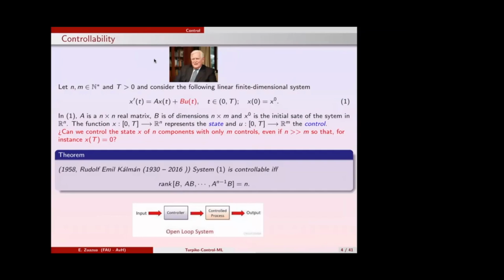We see here the picture of Professor Rudolf Kalman that passed away 5 years ago. And in particular, in the context of open-loop control, he was one of those pioneers clarifying that controlling a linear system is just about checking this rank condition, and that once you are able to do it, then the control of the system can be guaranteed in any time.